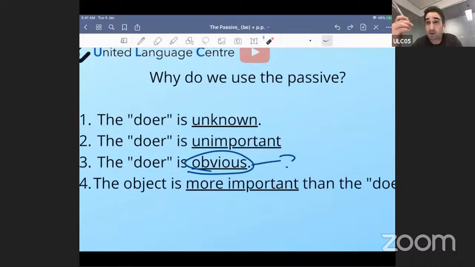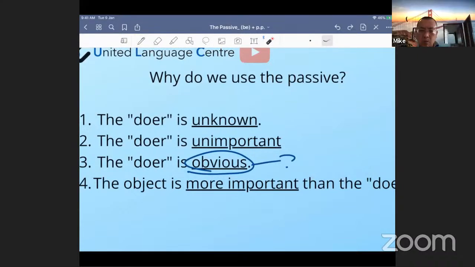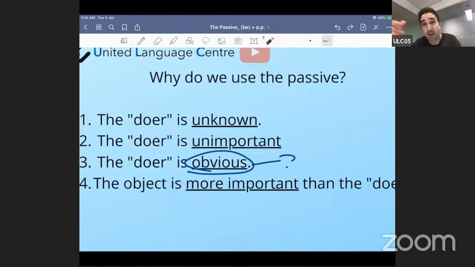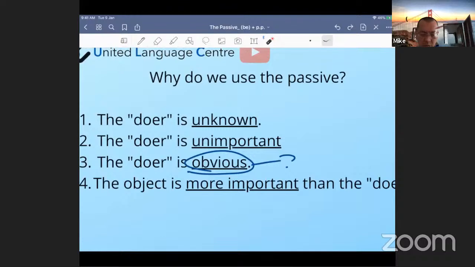That's passive. This pen was made in Japan, but we just say made in Japan, made in China, developed by this person, or created by. So when the doer is not as important as the thing, that's the most important time that we use the passive.